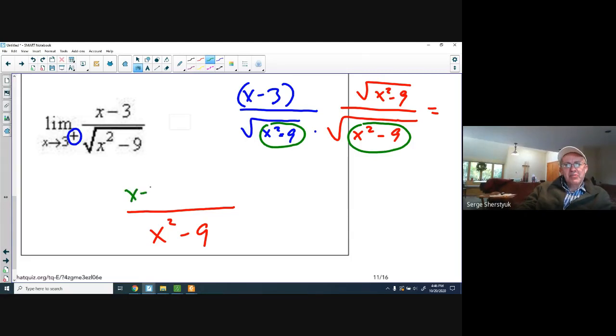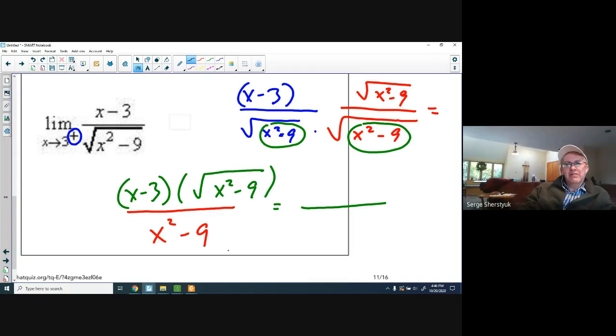I have x minus 3 and this kind of horrible thing, the square root of x squared minus 9. Yeah, I'm good so far.